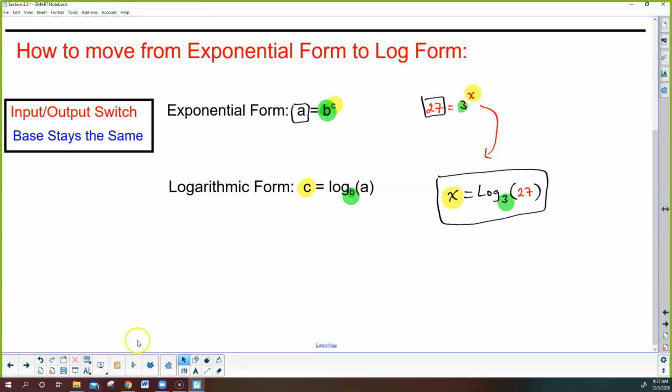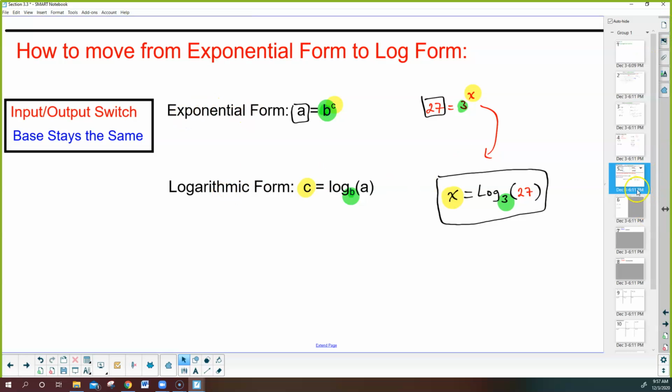Okay. It usually takes a couple examples for students to get the feel for this, and that's what we're going to do today. We're probably going to do more examples than are needed, but I think that builds confidence. Okay.